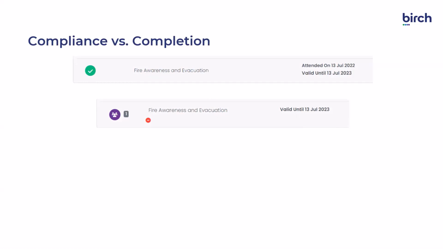So if we ran a goal or an element completion report right now, the report would show at this point in time, because it's looking at people who are currently registered and need to complete it, Blake would appear as not complete.